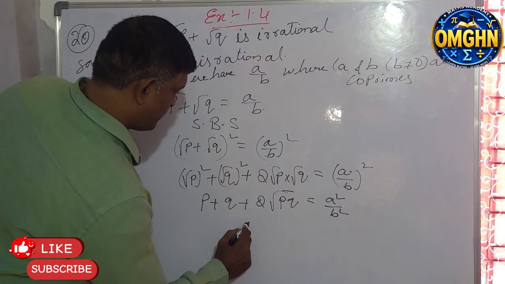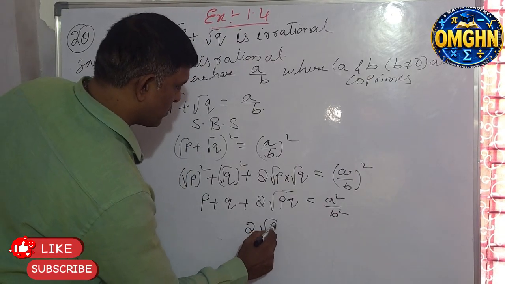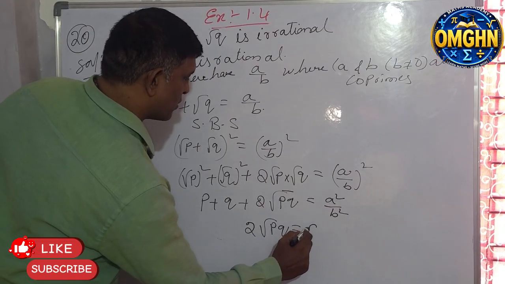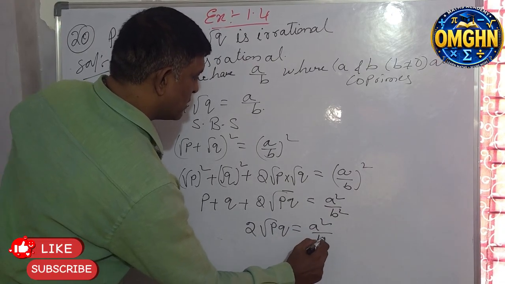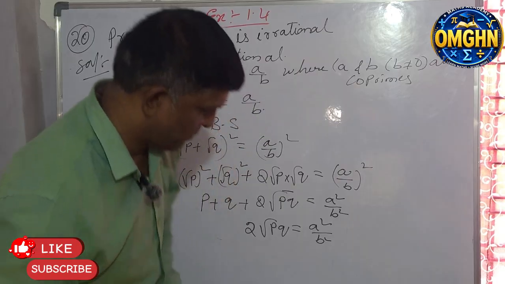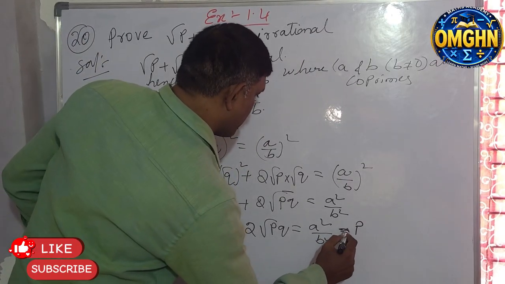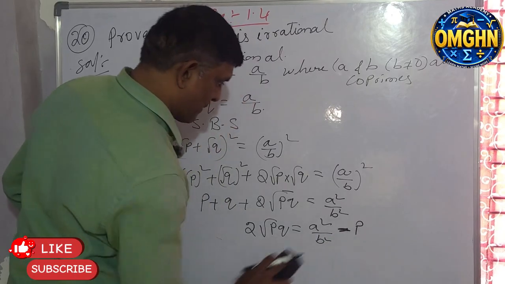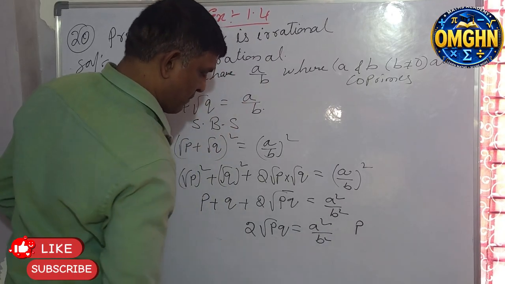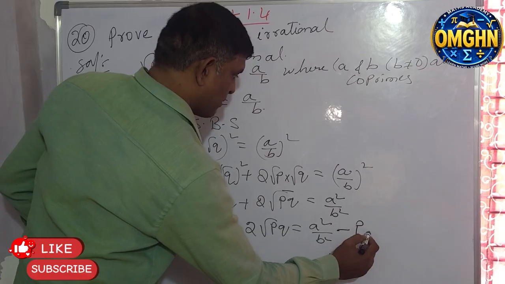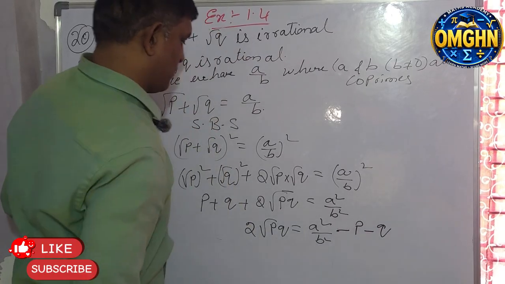Now here, 2 root pq equal to a square by b square minus p minus q.